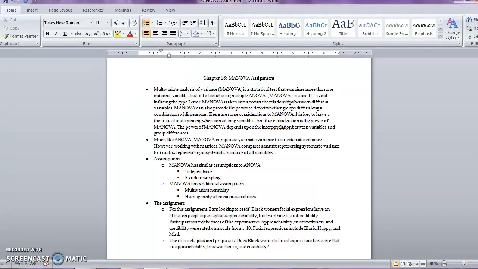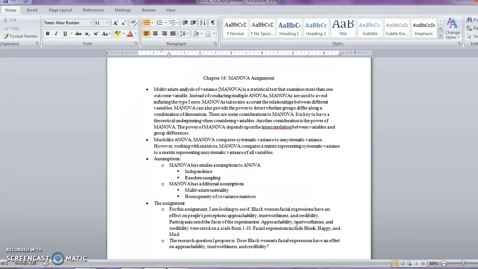As far as what MANOVA does, it's much like an ANOVA in that it compares the systematic variance to the unsystematic variance, so our model to our error, essentially. The difference is that MANOVA works with matrices. And if you remember matrices from grade school, then good for you.